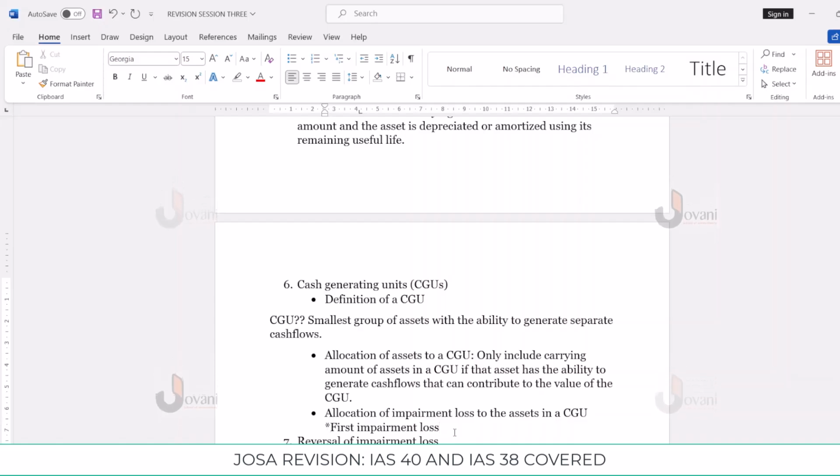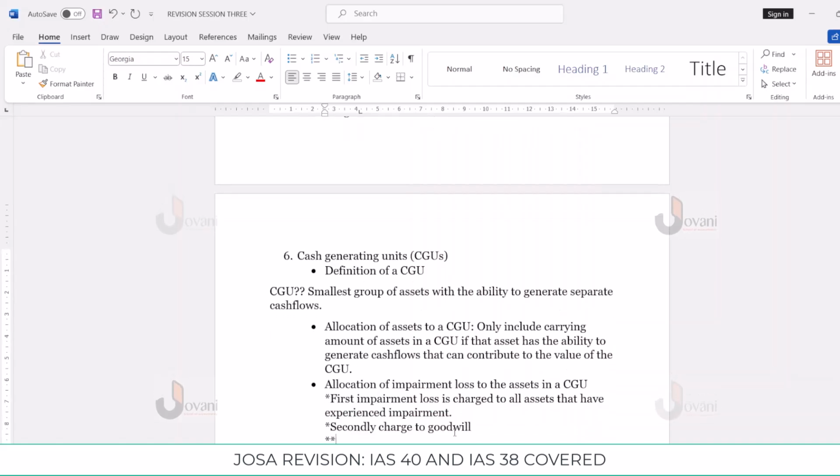First, impairment loss is charged to all assets that have indicators, that have experienced impairment. Then secondly, we charge to goodwill.